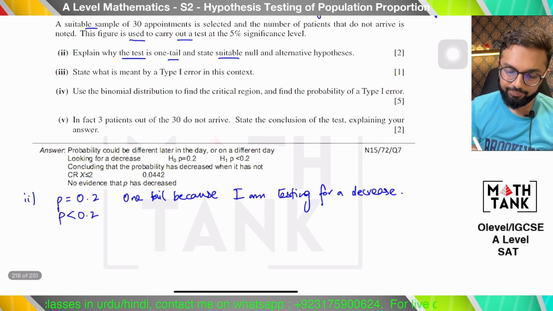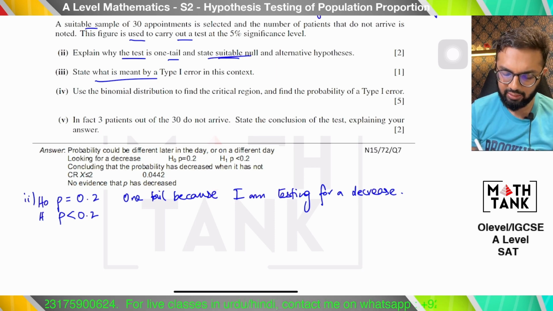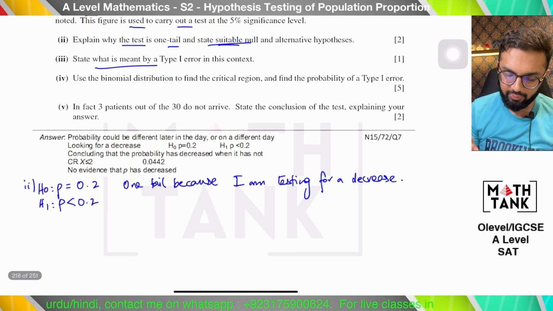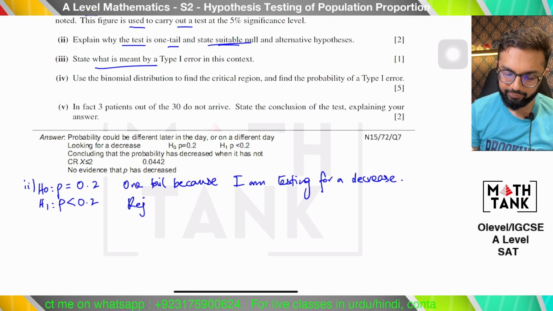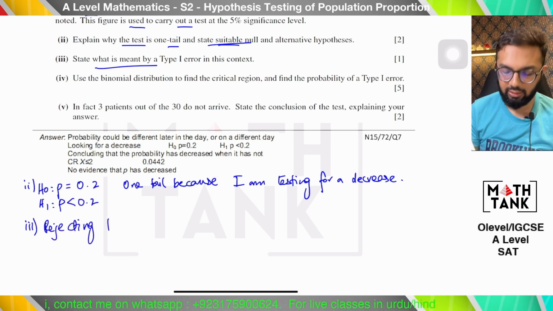Okay, state a suitable null and alternate hypothesis. That is what I've already done. Okay, state what is meant by a type 1 error in this context. So rejecting H naught when H naught is true.